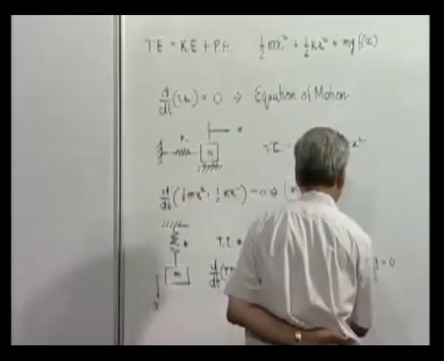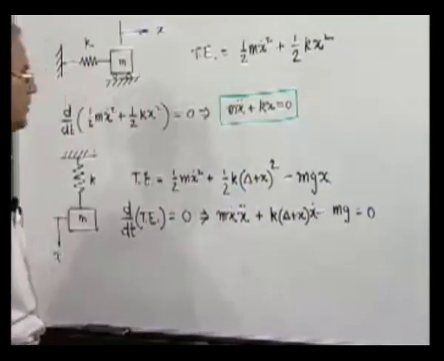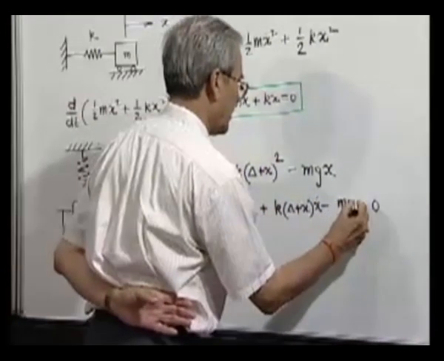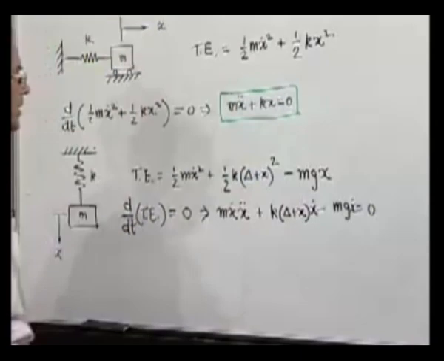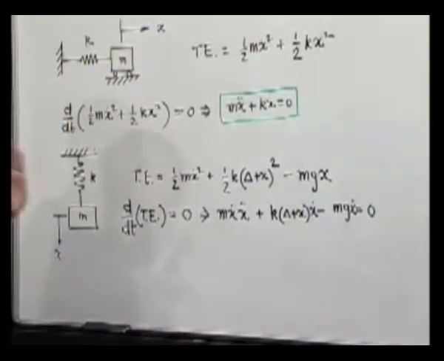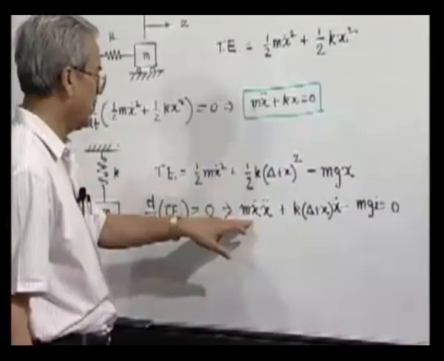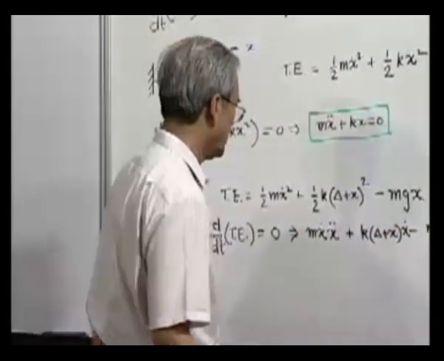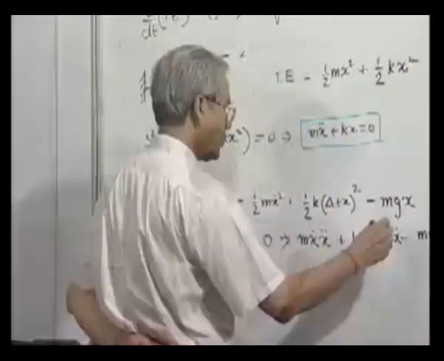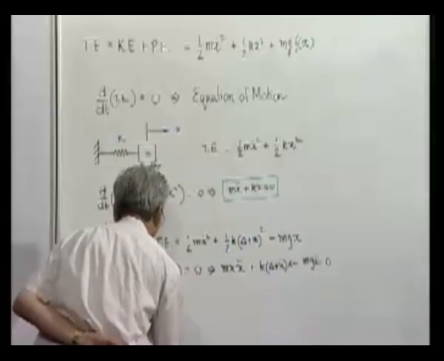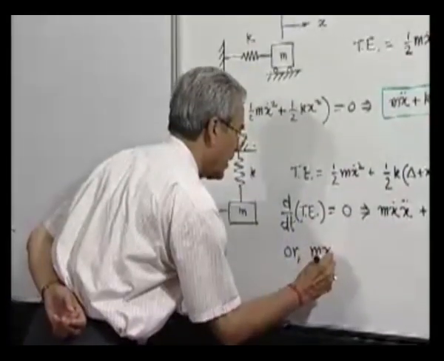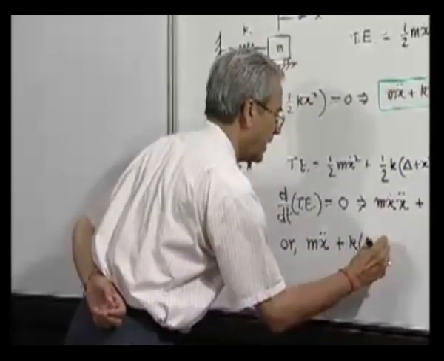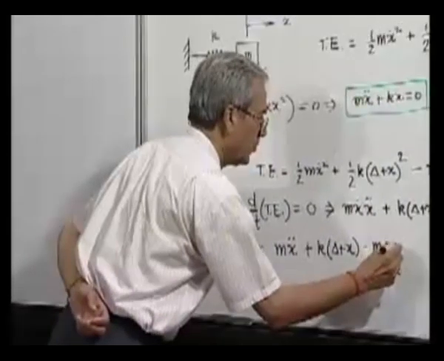Here, of course, we are differentiating with respect to time. So, this term after differentiation becomes this, and this term becomes this. So, obviously, all these x dot terms go out and we get m x double dot plus k into delta plus x minus m g equal to 0.